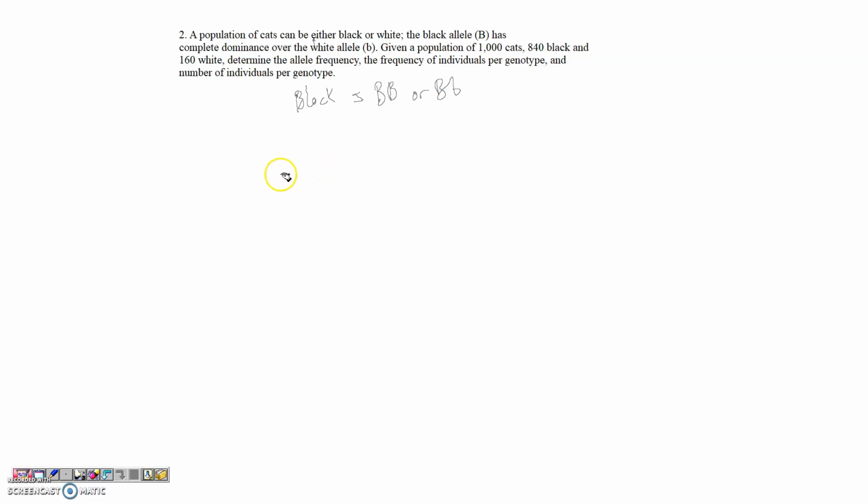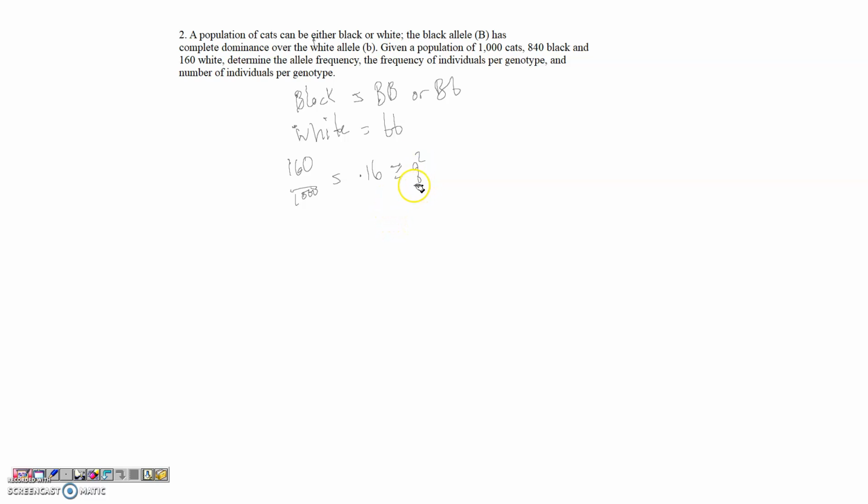And we know that the white genotype has only one option, lowercase b. That means for the white, we have 160 out of 1,000, which is 0.16, or 16% of the population. And that, remember, is going to be q squared. All right, so that's our first answer.